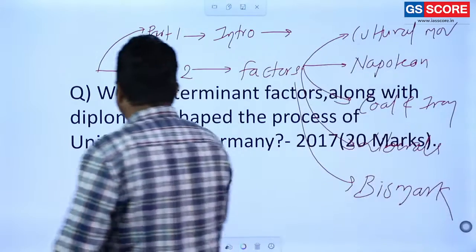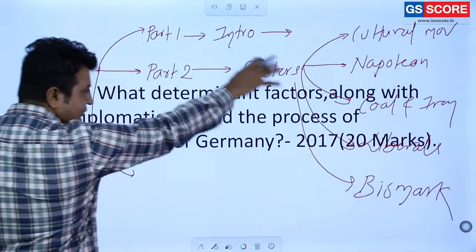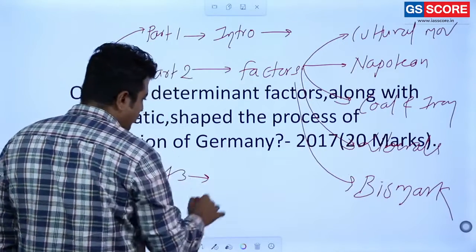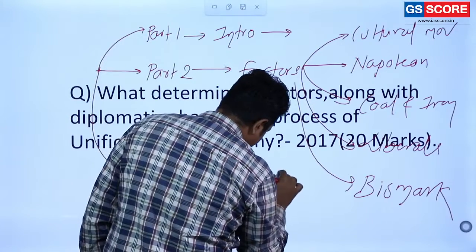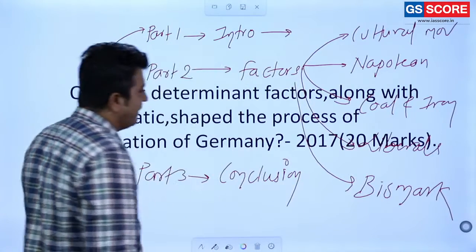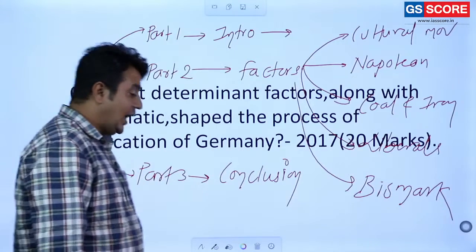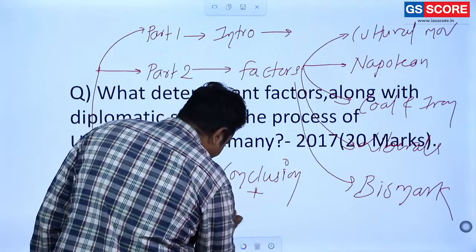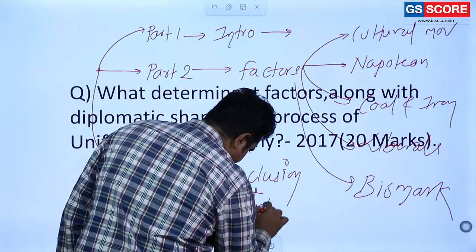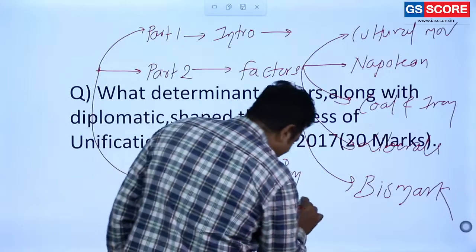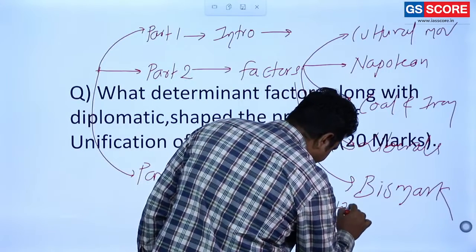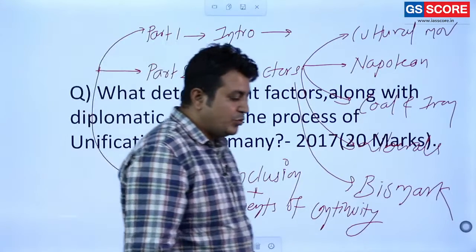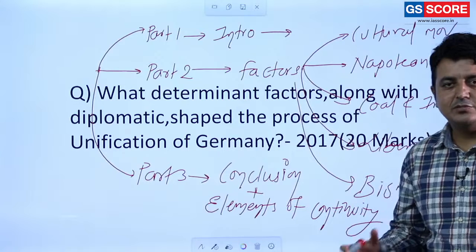So part 3, after the major part with these sub parts, should be the conclusion. Plus here you can add the elements of continuity as well, very briefly, not in detail. So in the conclusion, you mention that with all these processes, Germany became a nation state.